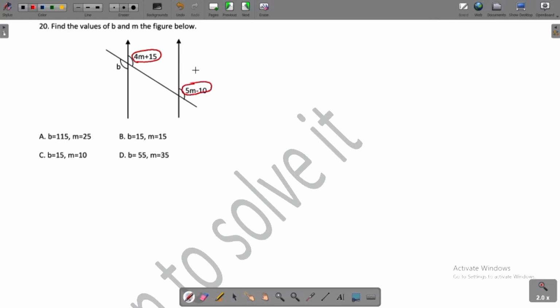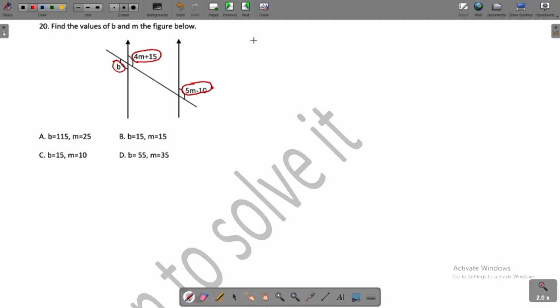If we say an angle is corresponding to another angle, it means they are equal. Also, this angle we have here is an alternate angle to this one we have here. If we say two angles are alternate angles, it means they are also equal. Also, this angle we have here, vertically opposite angle, it means this and this are also equal.